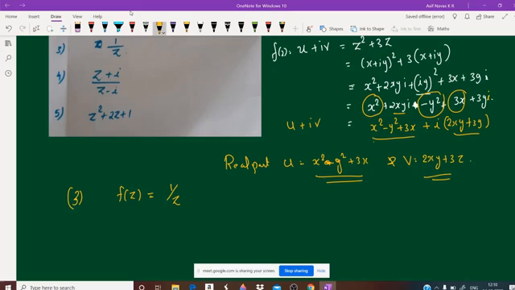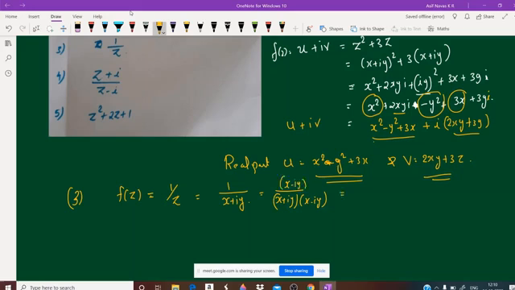So this is equal to 1 by z. You can write it as 1 by x plus iy. Now what we will do is, i is in the denominator, so I multiply with the conjugate. So x plus iy into x minus iy, numerator and denominator, by its conjugate.